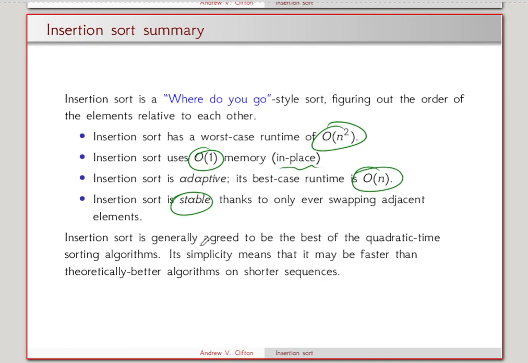So it's not that these n squared algorithms are useless. If your sequence is short enough, insertion sort may very well be the fastest way to sort it there. So we'll see insertion sort come up later, even when we're talking about sorting algorithms that are faster than n squared, as a thing that is still useful there like that.